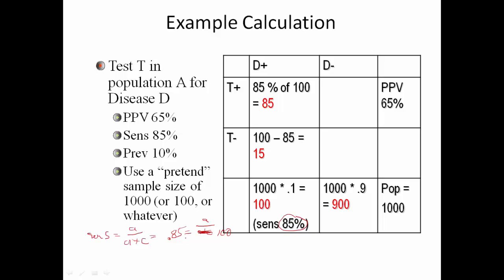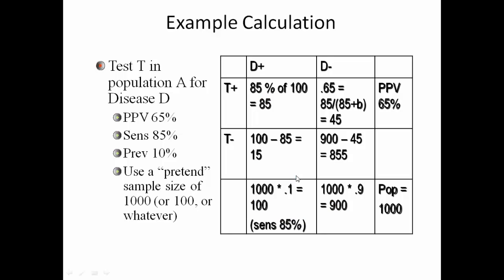So A over 100 equals 0.85. A then equals 85, right? Just moving this over. So 85 people belong in box A. Subtraction gives you 100 minus 85, gives you 15 in box C. Okay. So that's how you fill in those dots, and then you do the same thing on the other side.